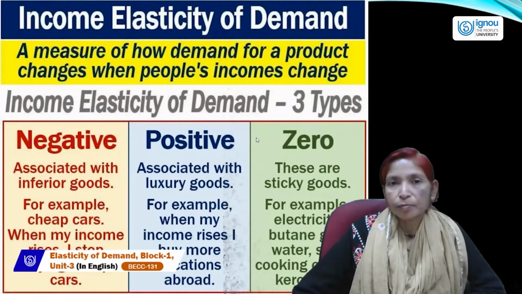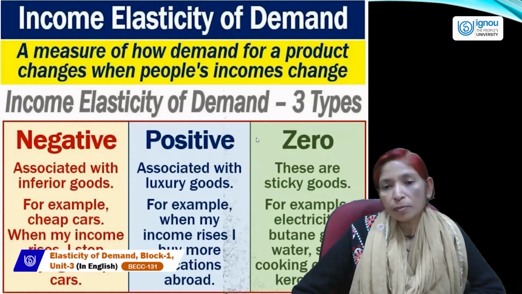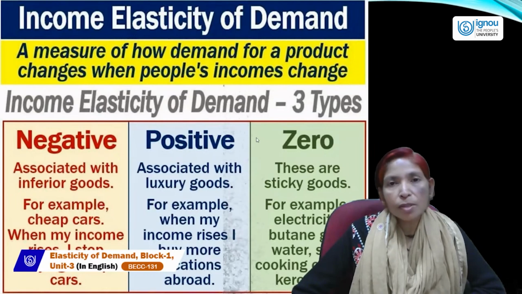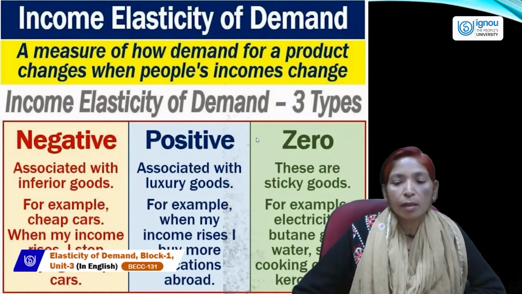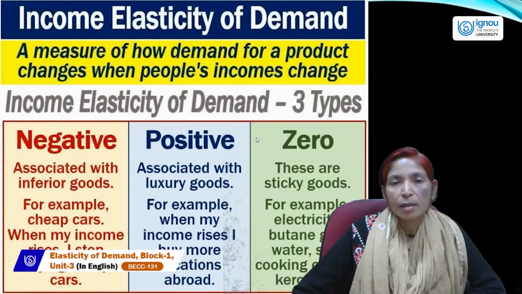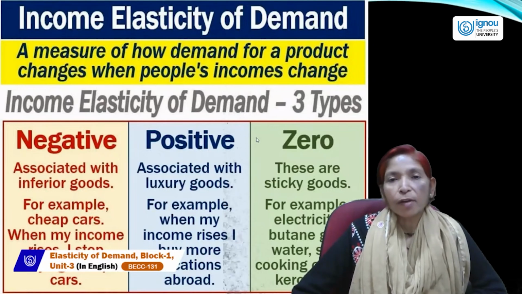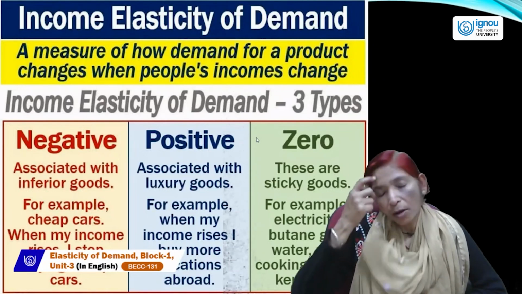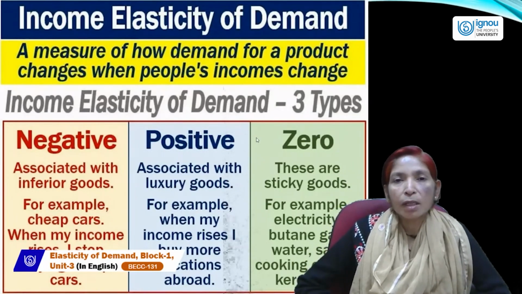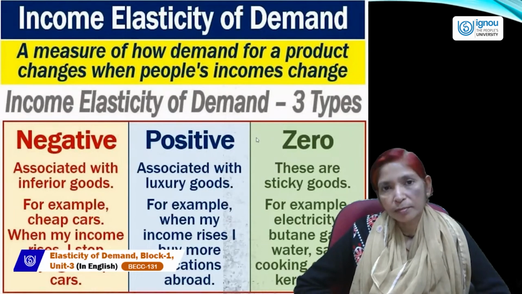Third is zero income elasticity. When will income elasticity be zero? These goods are sticky goods, necessary goods, and compulsory goods. For example, electricity, water, salt, cooking oil, and kerosene oil or LPG gas. All these things are necessary. Any increase in price or any increase in income of the consumer will not affect the demand for these products.